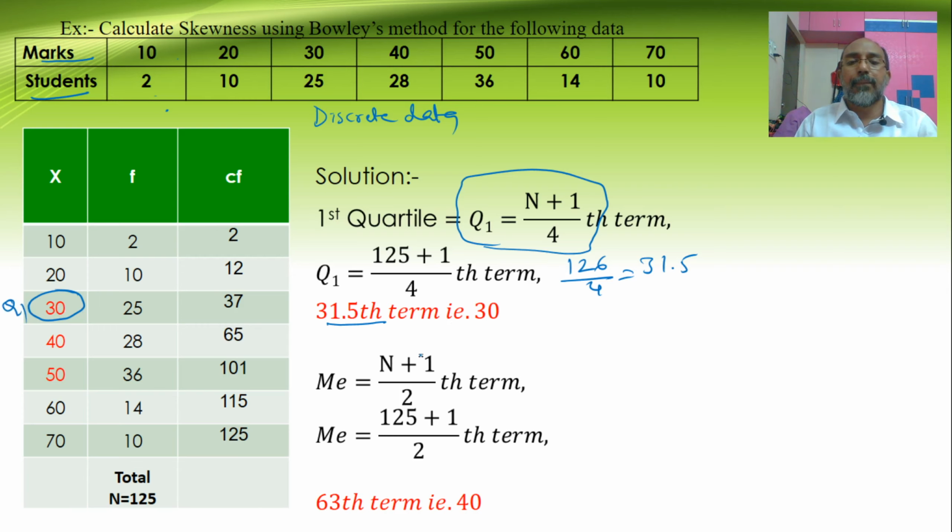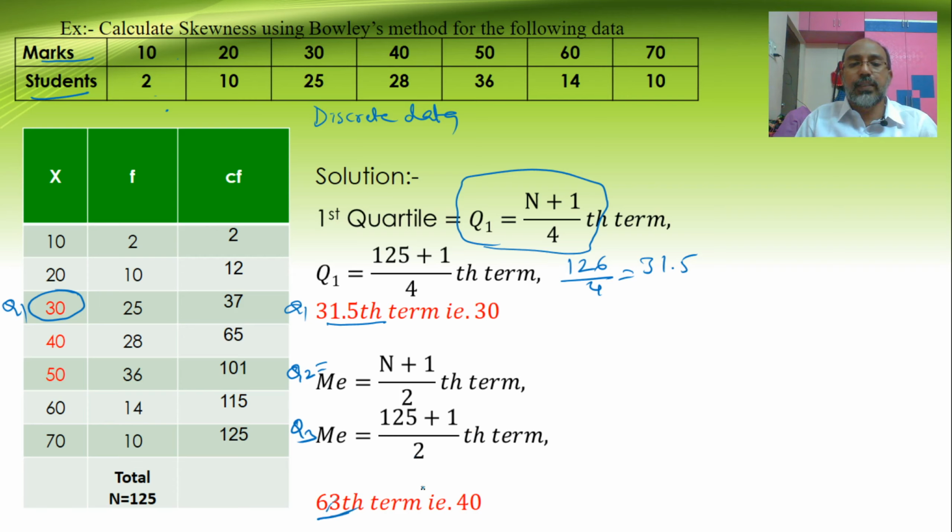Q1, Q2, Q3 is the sequence. This is called Q1, the median is nothing other than Q2, and this is Q3. For the median, (n plus 1) divided by 2 gives the 63rd term, and the 63rd term is 40.